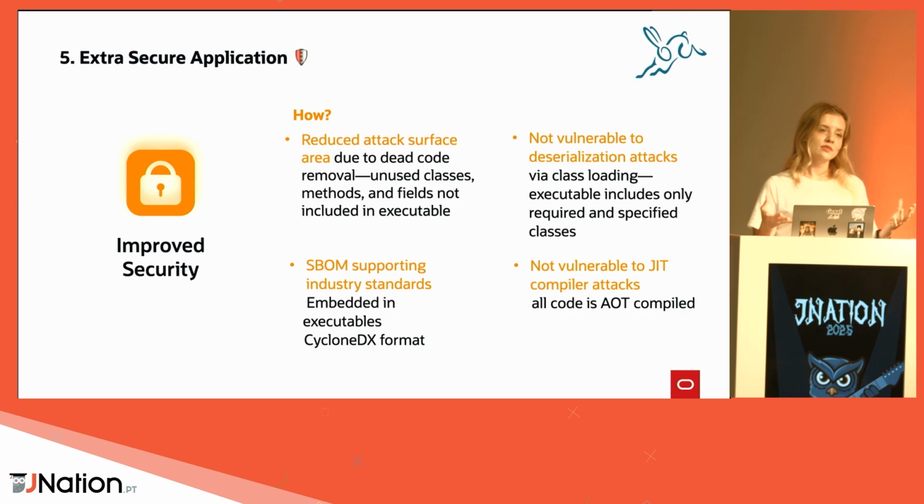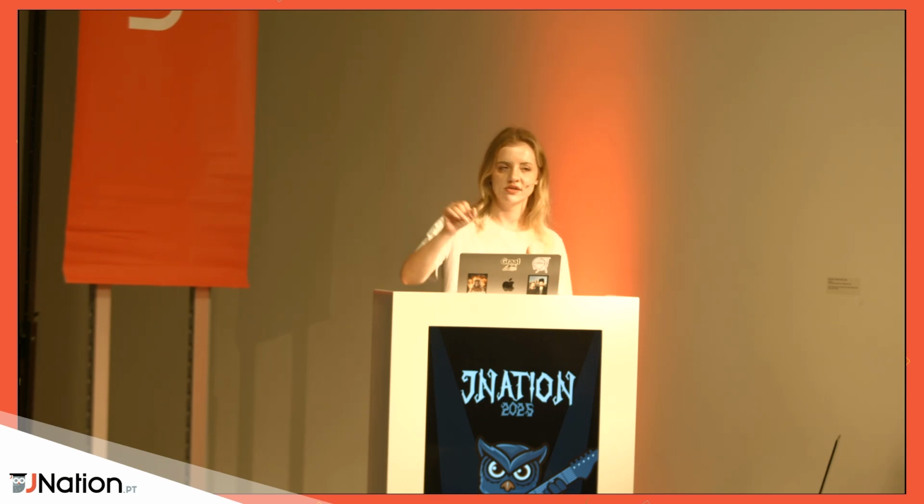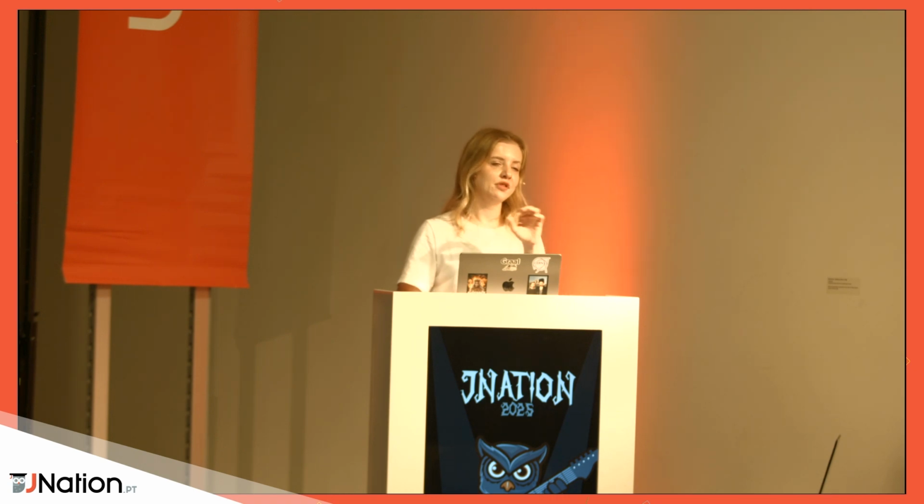First of all, when native image compiles your application, so when you run your native image command and give it your application as a jar or as class files, it will look at your application starting from its main entry point, and then it will include everything that you need, and that applies to your user code, the code that you yourself wrote, to the JDK libraries, etc. So it will analyze your project as a whole, find everything in it, and then only include the things that are actually involved in what your application is supposed to be doing in that native executable, and it will strip away everything that you don't need.